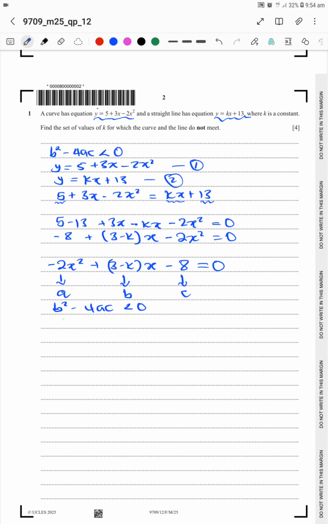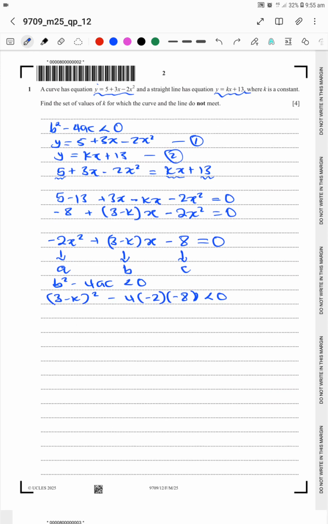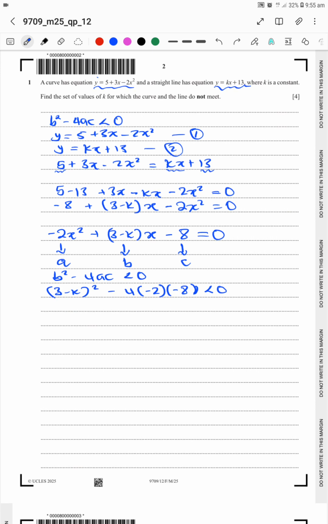So we have b squared, which is 3 minus k squared, minus 4 multiplied by a, which is negative 2, also multiplied by c, which is also negative 8. And this is supposed to be less than 0. When we are solving this type of inequality, we can just ignore the inequality sign, because the answers we get are going to be critical points, and we are going to use the critical points to find the correct answers.